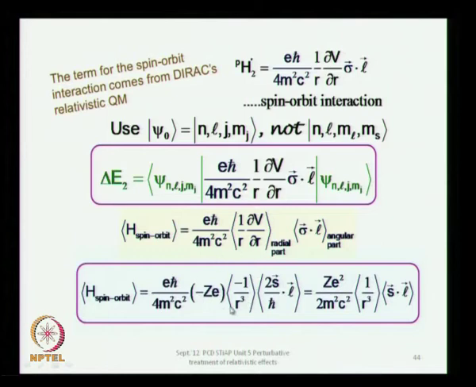So, you get a minus Ze, and then there is a 1 over r cube term, and then there is this sigma, which is twice s over h cross, dot L. So, this is the correction that you want to determine. These two minus signs cancel, and now you need the expectation value of 1 over r cube over the hydrogen atom non-relativistic radial functions, and then the expectation value of the s dot L term.